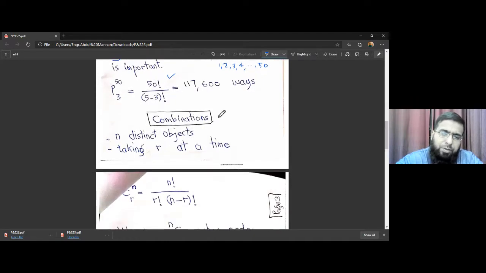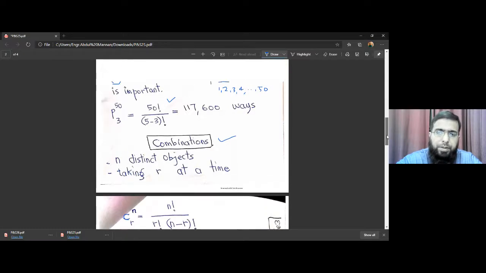Another formula that can be thought of as the sister of permutations is combinations. Combination is the sister, or the brother, of permutations, with a very small difference. We have to select our objects out of n distinct objects, but the combinations formula is used when the order isn't important.